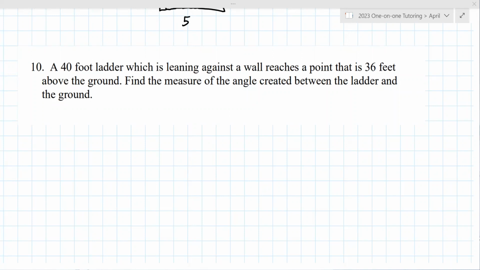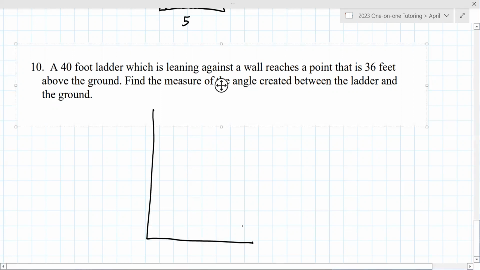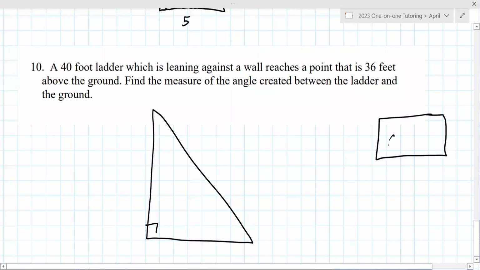Wait, so then that will be that. All right. The angle will be 25.8 degrees.